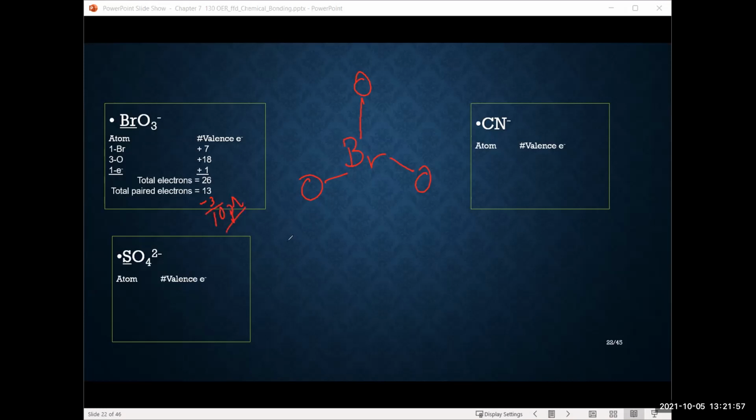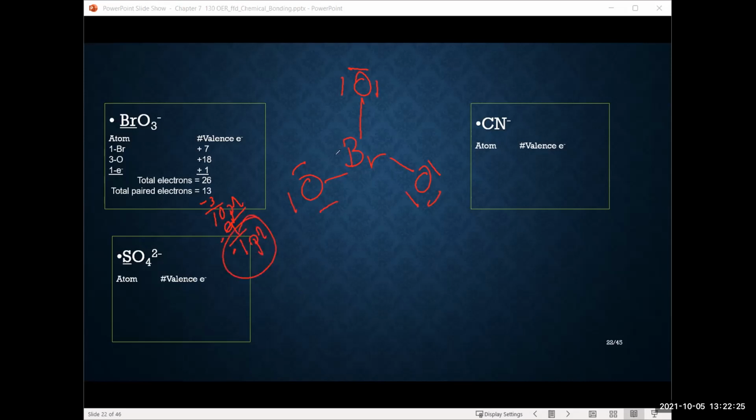So where do you want to put them? Makes no difference. We can, like I said, start always on the outside atoms, fill them up with the 8 and just continue until we've got everything filled up. I got 10 to work with, so I can just go 1, 2, 3, 4, 5, 6, 7, 8, and 9. That took care of 9 pair, and that means I got 1 pair left over.